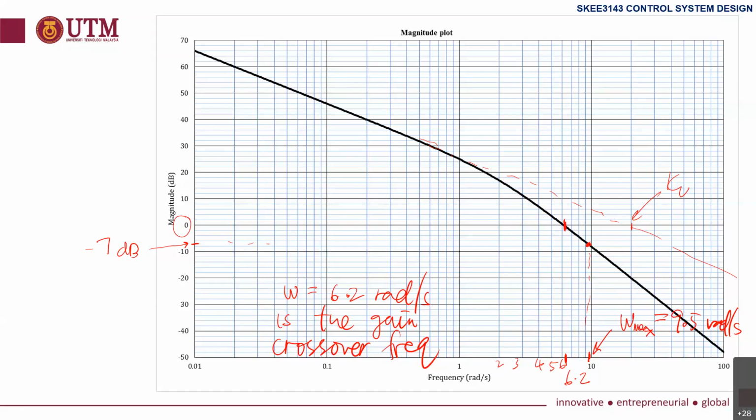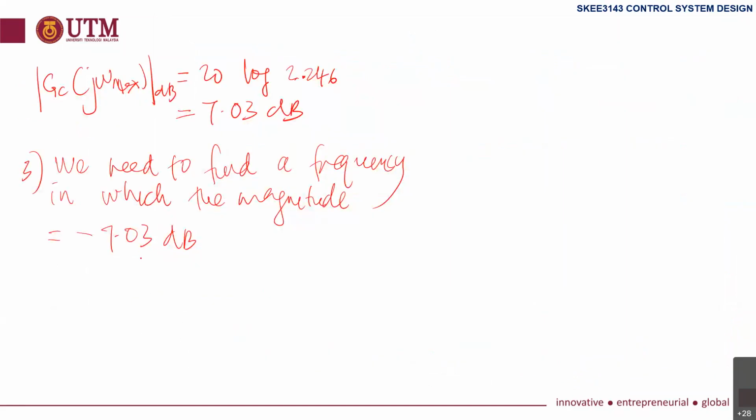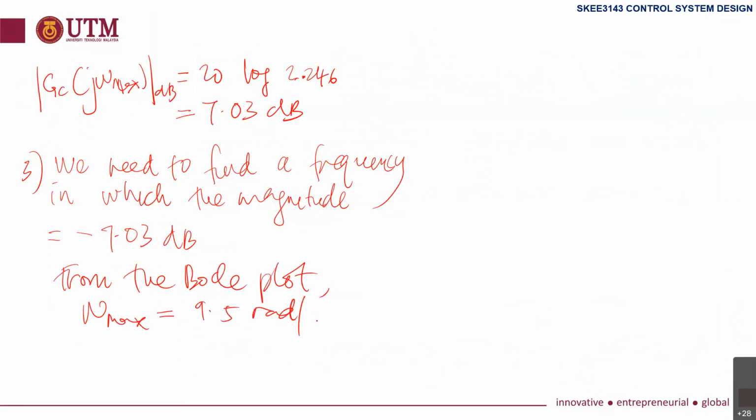Of course, we were not able to get exactly 0.03, so minus 7 is also not so accurate. Let's take omega max 9.5 radian per second. So from the dot plot, omega max is 9.5 radian per second. That is step number 3.